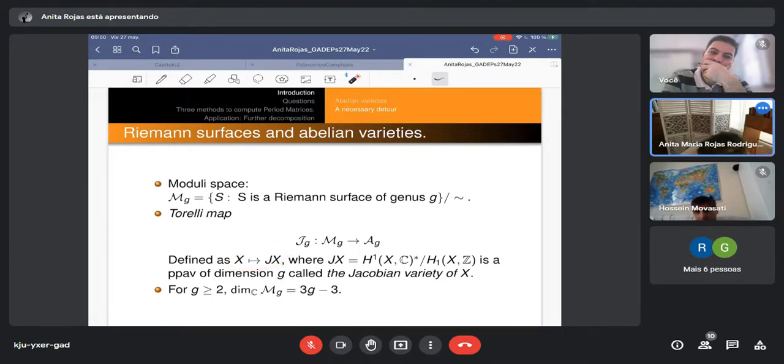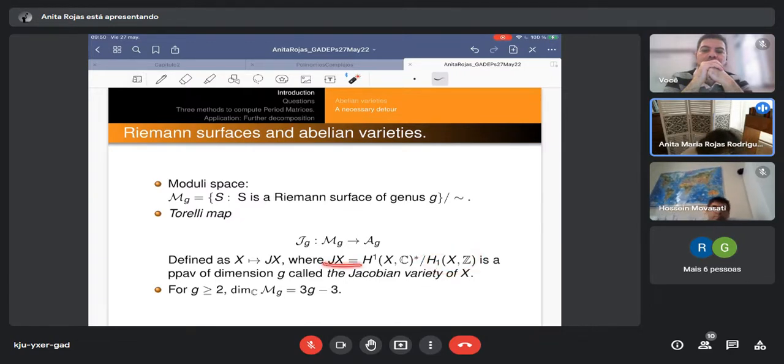So, as I said, I watched Robert's talk, so I know he did that in more detail. The thing is that you can associate to a Riemann surface a complex torus in this way. You take the dual of the differentials and you mod out by the natural injection of the first homology group, by taking integrals over the curves.